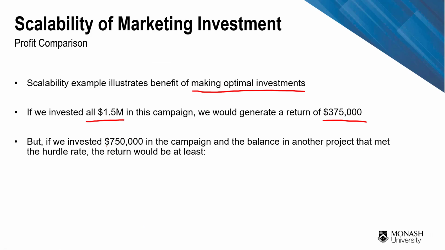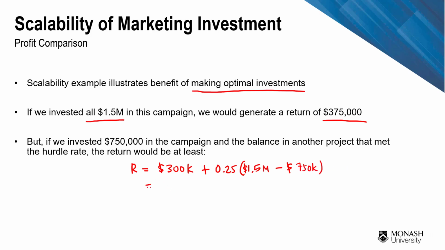But when we invest 750K into the campaign, which is our optimal investment, then with the same hurdle rate, my return will be at least 300K plus 0.25 times 1.5 million minus 750K.